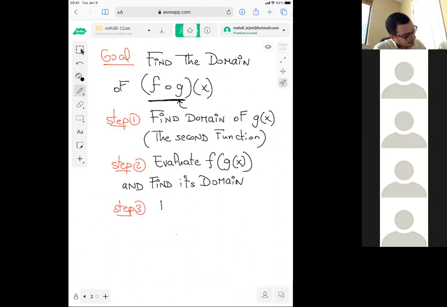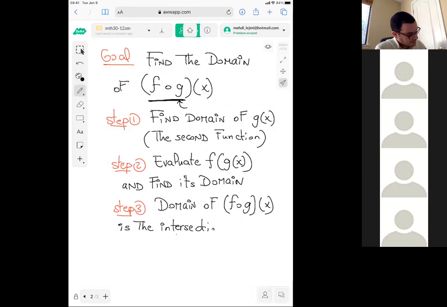So the domain of f composed with g is the intersection of the domains in step 1 and step 2.